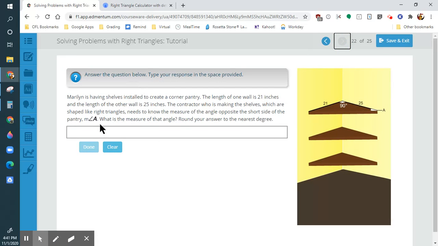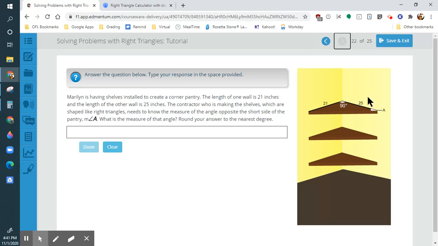All right, so now we're going to do this. So what's the measurement of angle A? So we have this 90-degree angle, and we have a few ways we can do this. So if we're doing A, I'm assuming this is 90 degrees. Okay, so if this is angle A, we have opposite over adjacent.